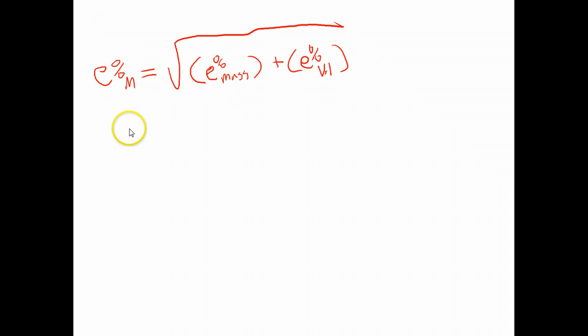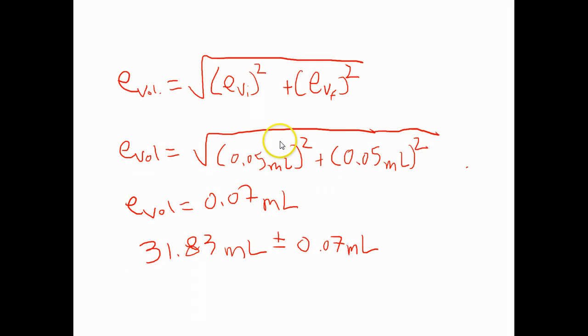So in order to do this, we need to determine our percent errors, right? And so if we go back and look, the percent error for our mass is just our error of mass divided by the mass times 100. Right? So we go back and we look here.